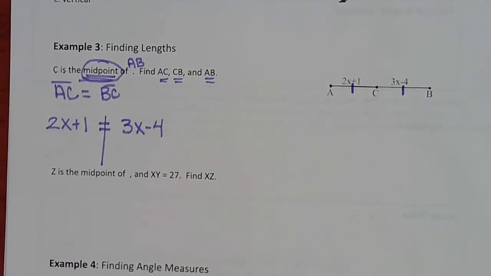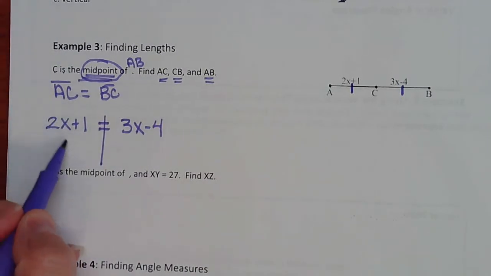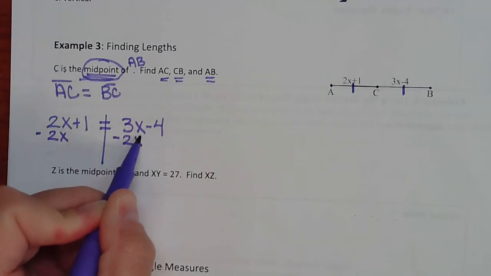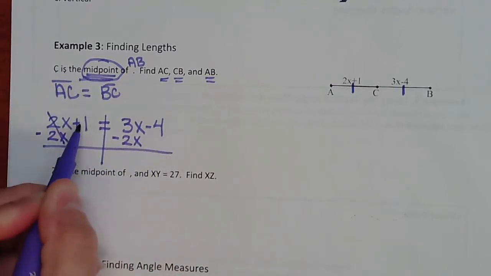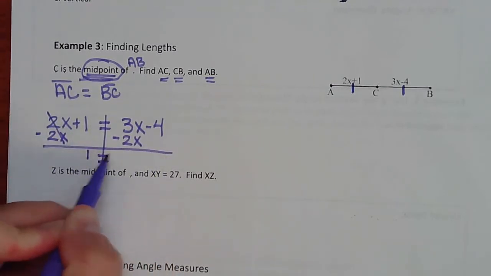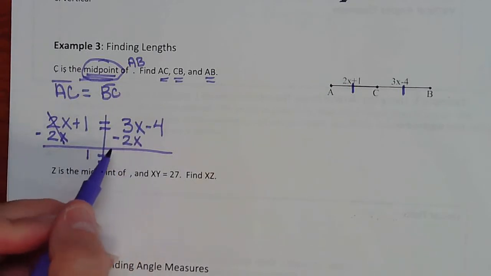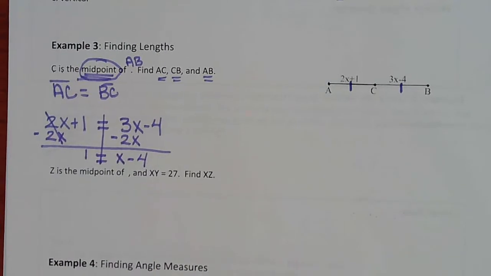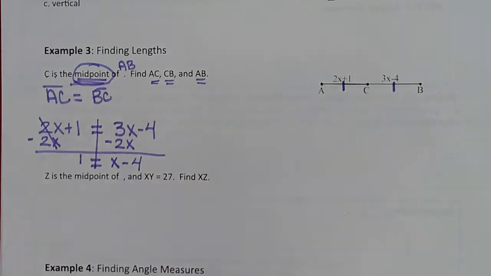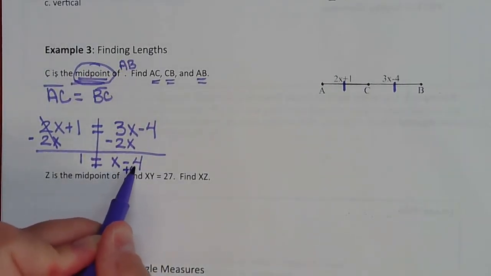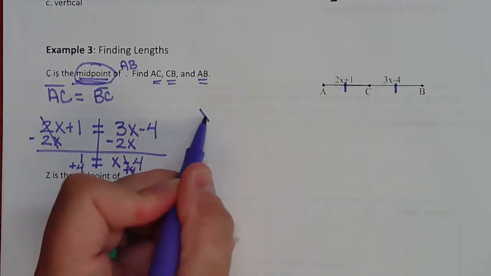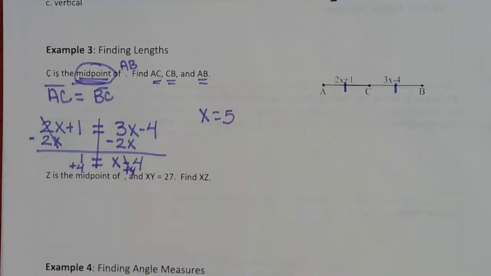Me personally, I would move the 2x over to the right first by subtracting it. So then I have 1 equals 3x minus 2x is 1x minus 4. And then the last step would be to add 4. And then you would get x equals 5.